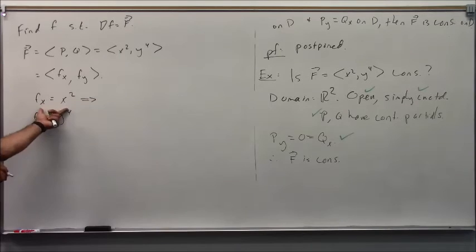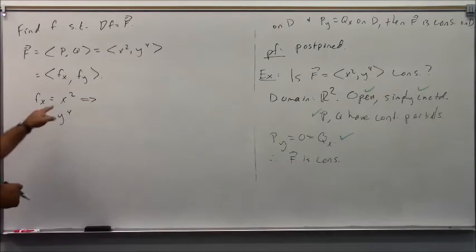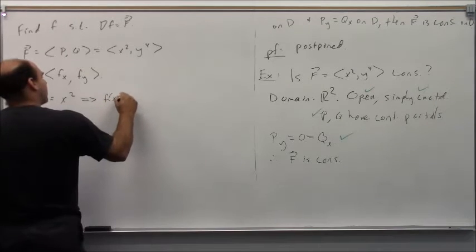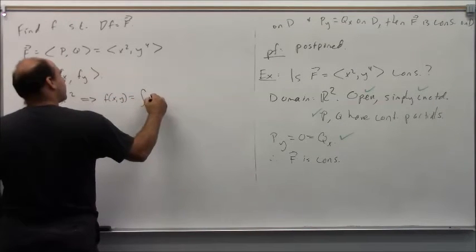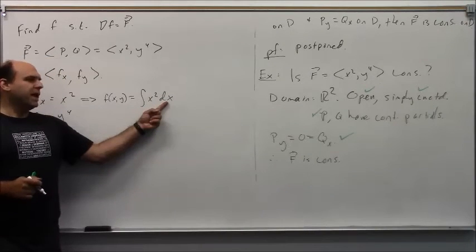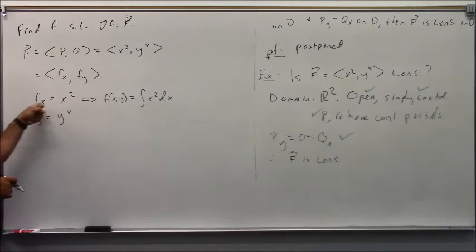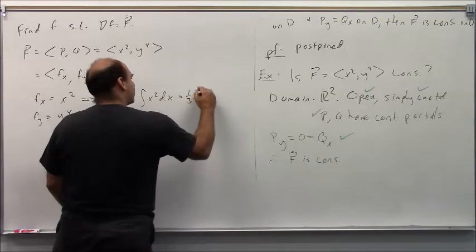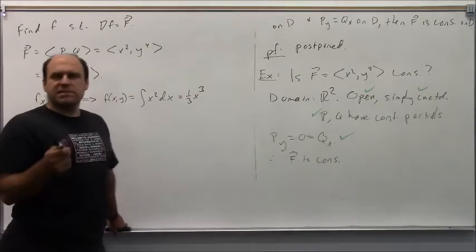And so I can recover f by integrating this with respect to x. So f of xy equals integral x squared dx. I'm integrating with respect to x because to get this, I had differentiated with respect to x. And so I get 1/3 x cubed. Remember your plus c?